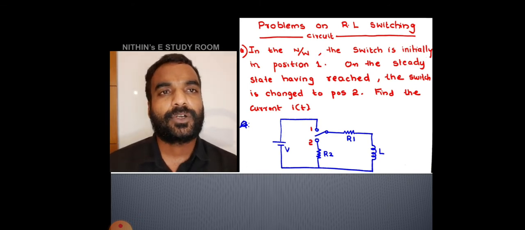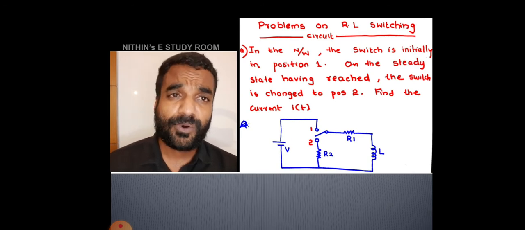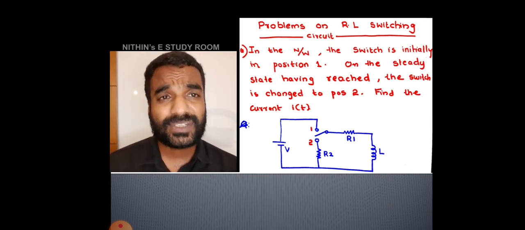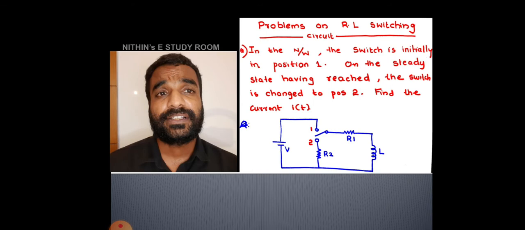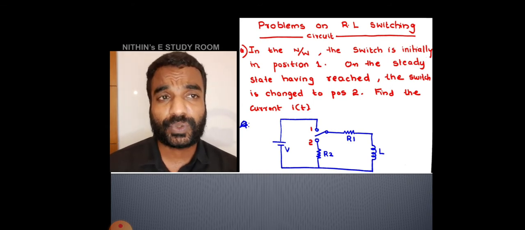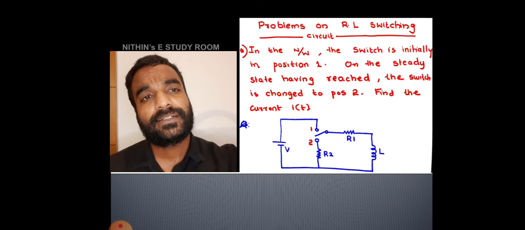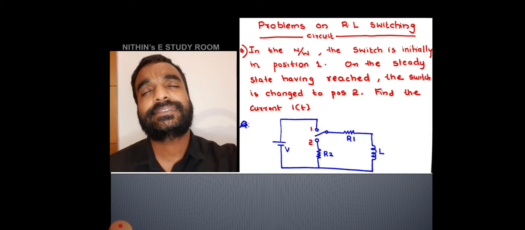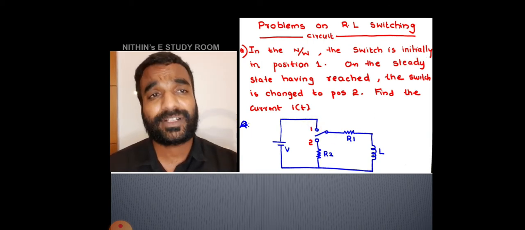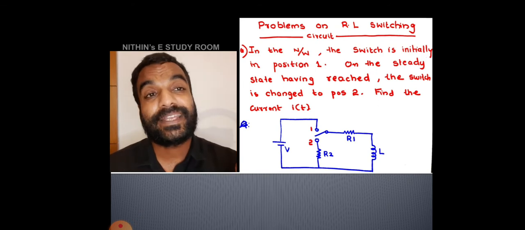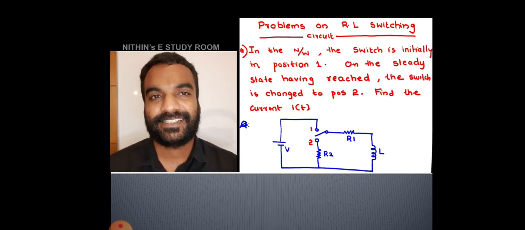Okay, now please read the problem. In the network, the switch is initially in position 1. On the steady state having reached, the switch is changed to position 2. Find the current i(t). So initially the switch is connected to position 1, and that condition is kept for a long time for reaching steady state.